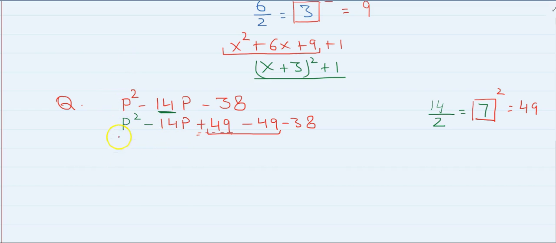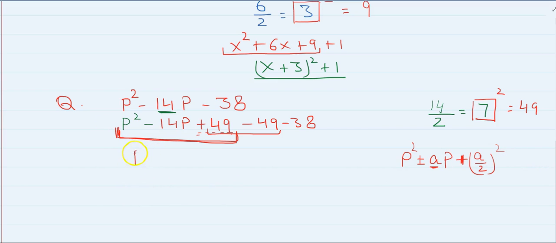Now p square, what are the factors of this? If it is in this form, if you have divided 14 by 2 and you have written the square of it, that is, say, p square, plus or minus, it hardly matters. If it is ap, then this will always be plus, and whatever is the coefficient of p, you divide it by 2 and you add the square of it.